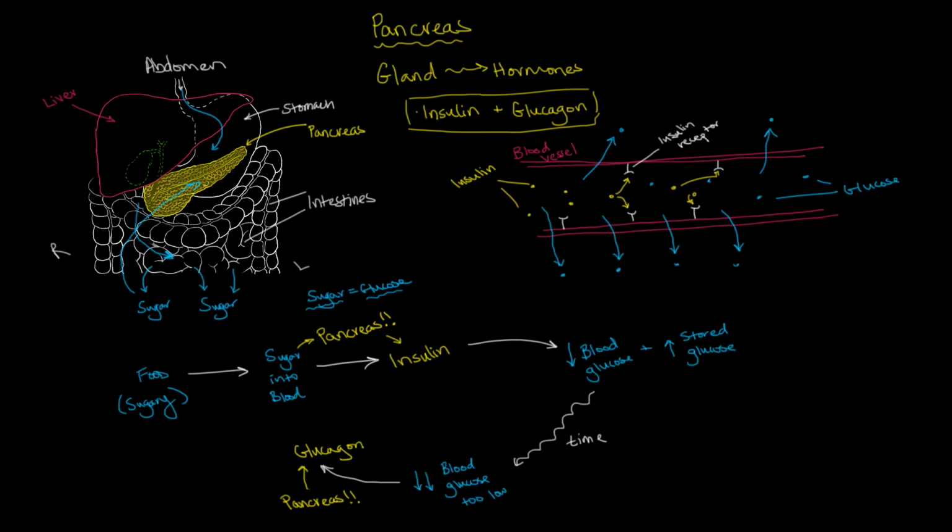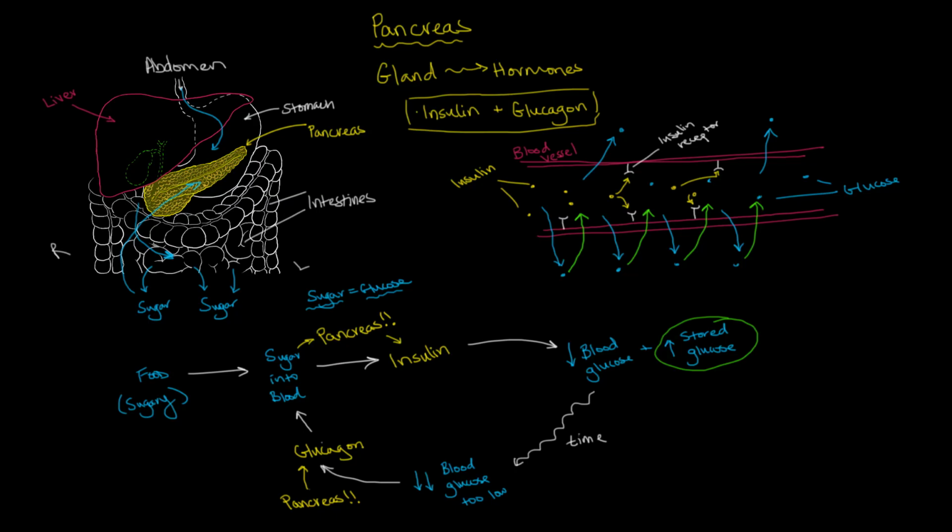And what glucagon does is it sends glucose back into the blood. Any glucose that was stored will go back into the blood, and your blood glucose will increase again. So glucagon leads to your blood sugar increasing again.